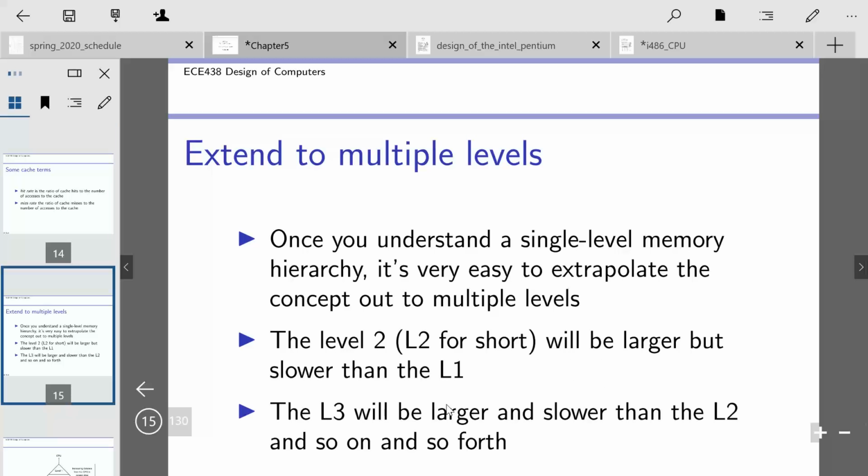All right. Extending to multiple levels is very easy, and notice that when I've been talking about this, I've been talking about it in terms of either a single level or multiple levels. In the early 80s, level 1 caches were really all you had, and they were starting to be moved on chip, and that was huge.